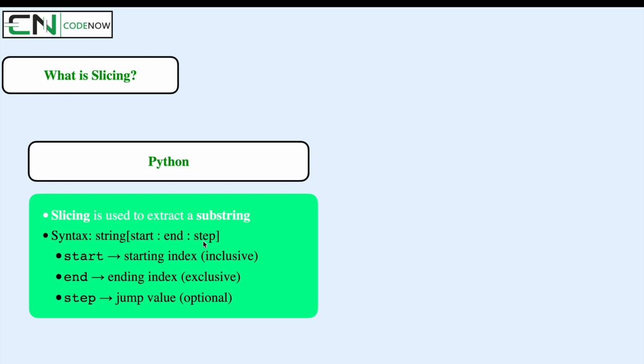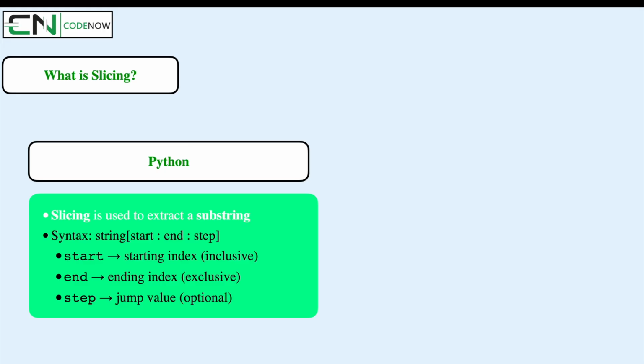What is the start, step and end? Start in the sense the starting value of the string. End in the sense the ending value in a string. Whereas the step value in the sense how many characters do we need to access one by one.